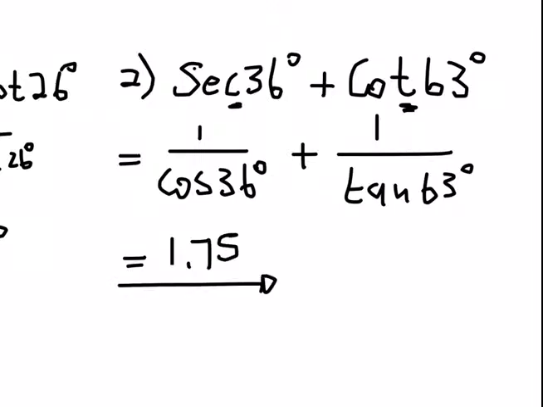Yes, I just punched 1 over cos 36 plus 1 over tan 63 degrees. Yes, because there is cot, there is sec, then for cos. Yes, this is exactly how you would work it out, honorable member. Let me just quickly check if I've got some more examples. I think I do have some more. Okay, so now let's see, what else are we having there?